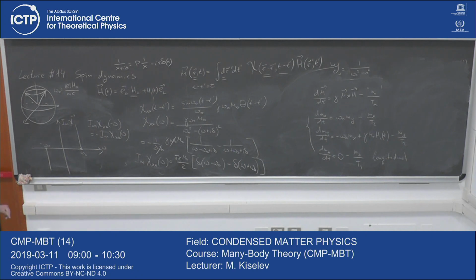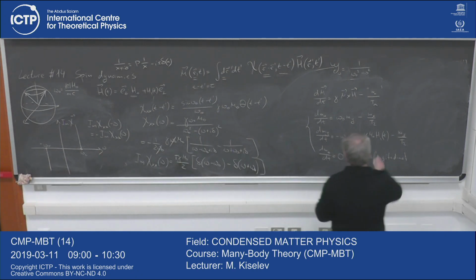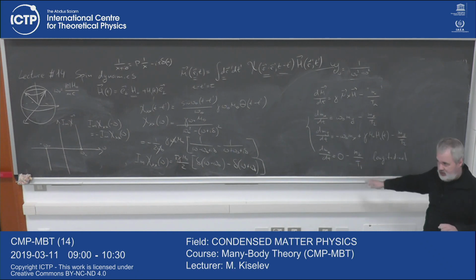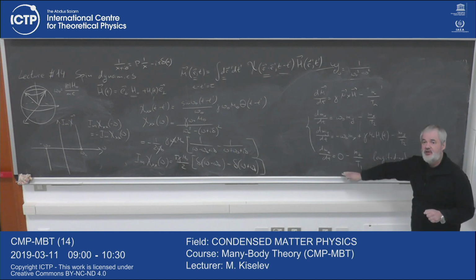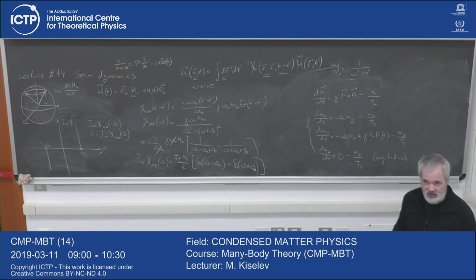So if we now allow this dissipation, let's see what happens and what we get with relaxation. Again, this is a phenomenological way to add dissipation. The meaning of this equation is different. For example, for mz, this is a sort of kinetic equation which describes the relaxation of magnetization.